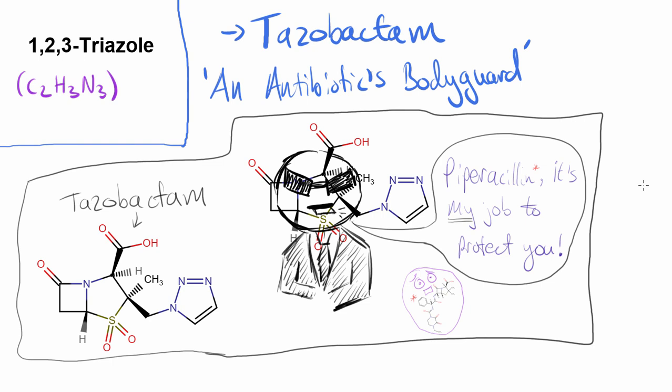So, long story short, that particular empirical formula, if we look at it from the perspective of it being a molecular formula, actually serves as a precursor for another substance which serves as something of a bodyguard for another drug, an antibiotic. So tazobactam, this is the actual formula here, and piperacillin is here.